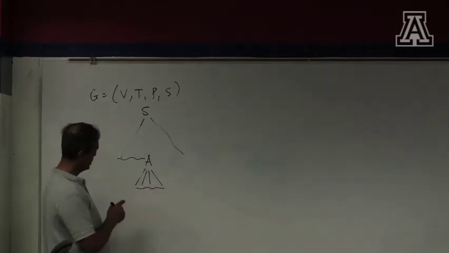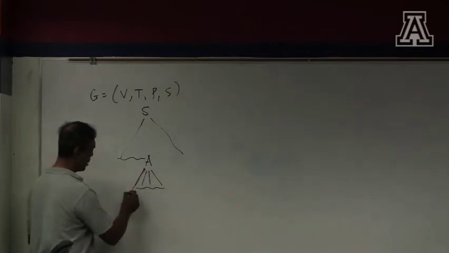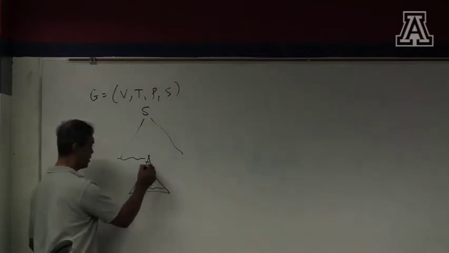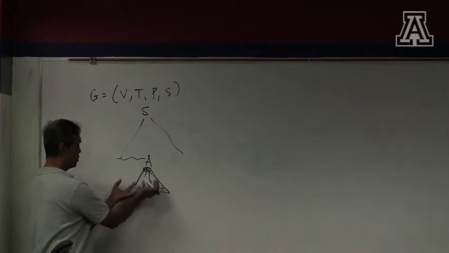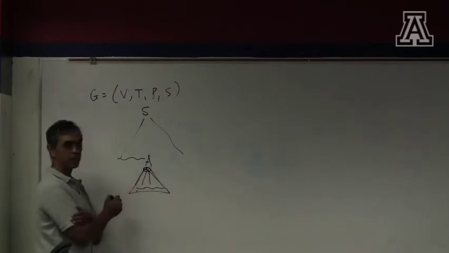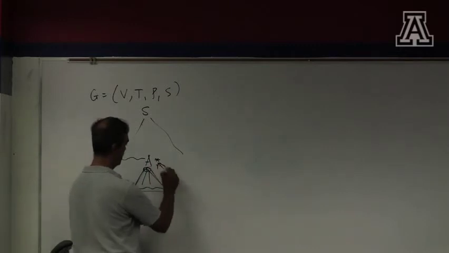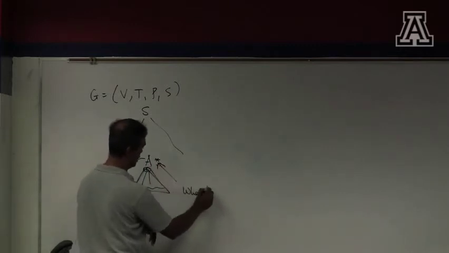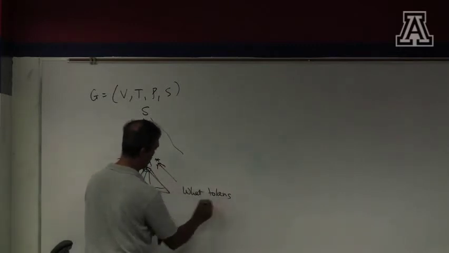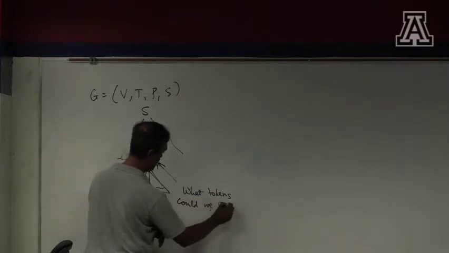And the question I ask is, when I am about to reduce by a production for this variable, so when I'm about to reduce, here's a production for this variable. What tokens could show up here? What tokens could we find here?